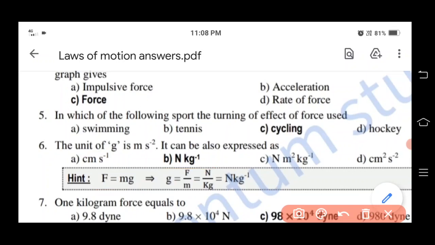The unit for force is Newton, and the unit for mass is kilogram. When kg is in the denominator, moving it upward gives a negative sign. So g equal to Newton per kg is another unit for acceleration due to gravity.